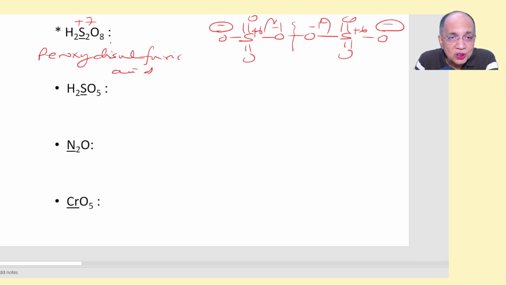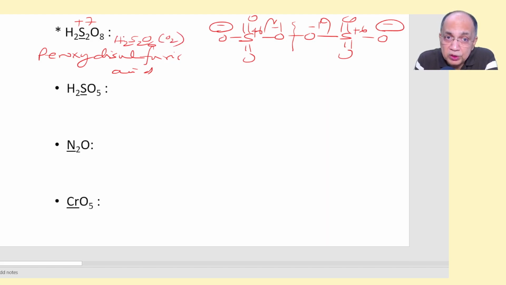So both the sulfur atoms are identical and plus 6. Because we were taking these two oxygen as normal oxygen having minus 2, therefore the fallacy, the wrong calculation is due to the assumption that all the 8 oxygen atoms are of identical type. No, out of the 8, there are 6 of the normal and the other 2 are of the peroxy type.